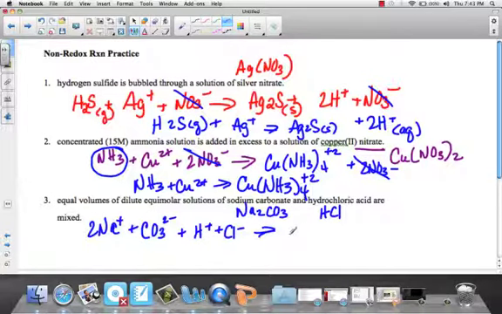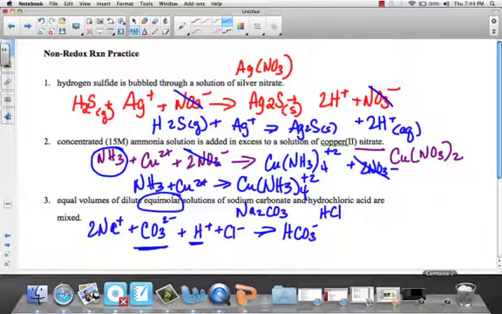And we're going to form HCO3 minus. Now you might be wondering, this is a tricky one, why didn't I form H2CO3, and it's because of this word right here, equimolar solutions. So that means my mole ratios are 1 to 1.